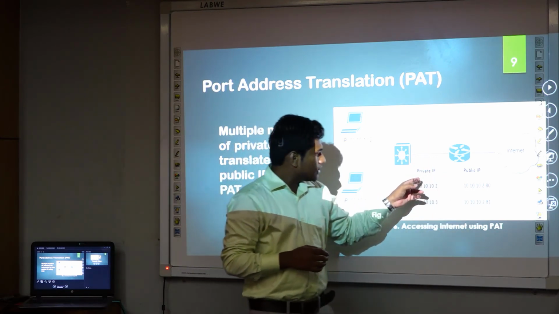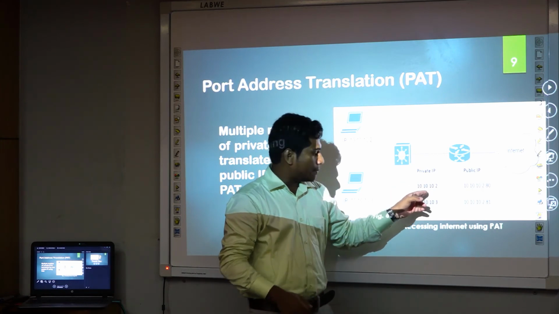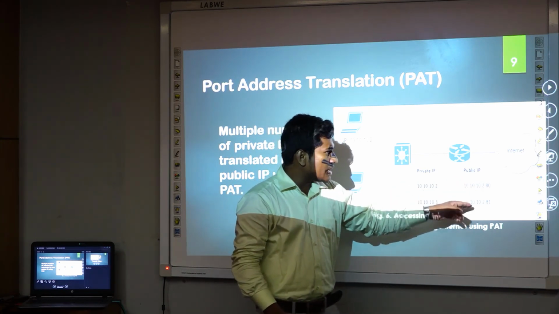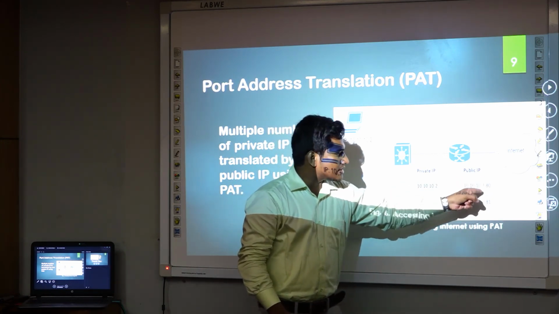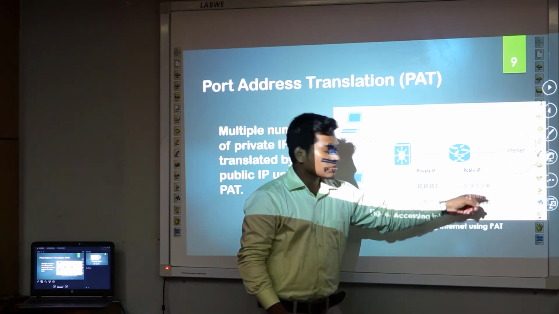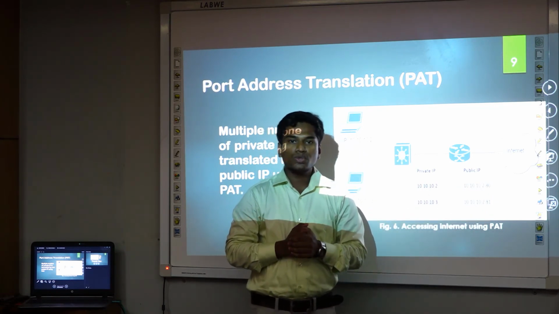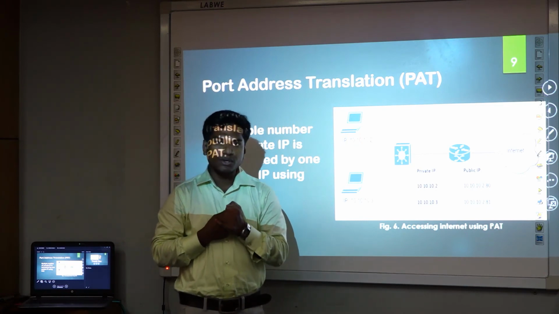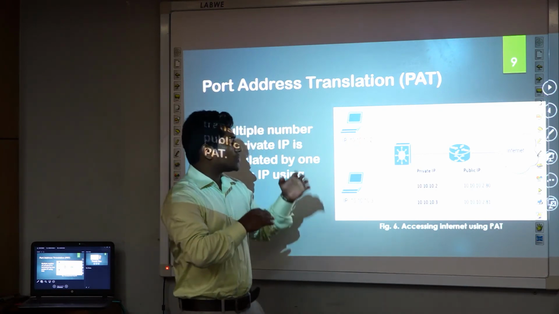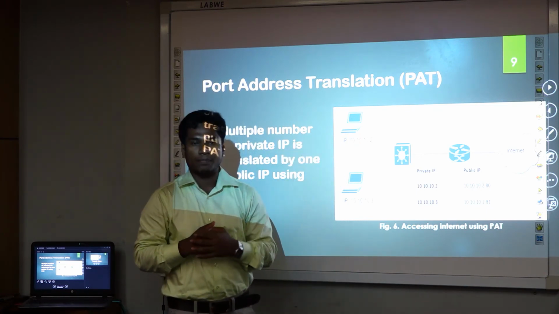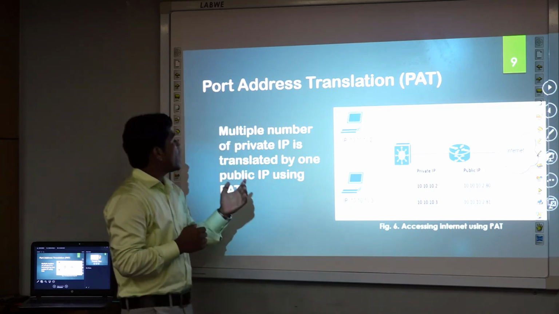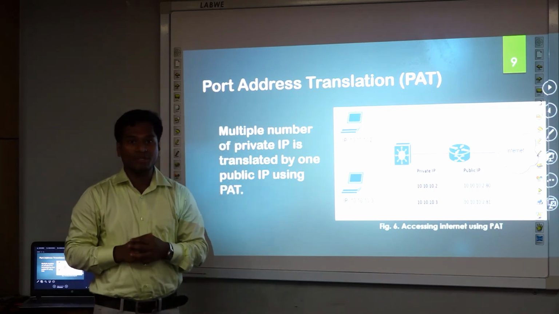So for every private IP, the same public IP is used, but a different port is appended at the end. Here we can see this is a private IP and this is a private IP, but the same public IP, with a different port. So with different ports, you can use one public IP to translate lots of private IPs. This is a feature of PAT, port address translation.